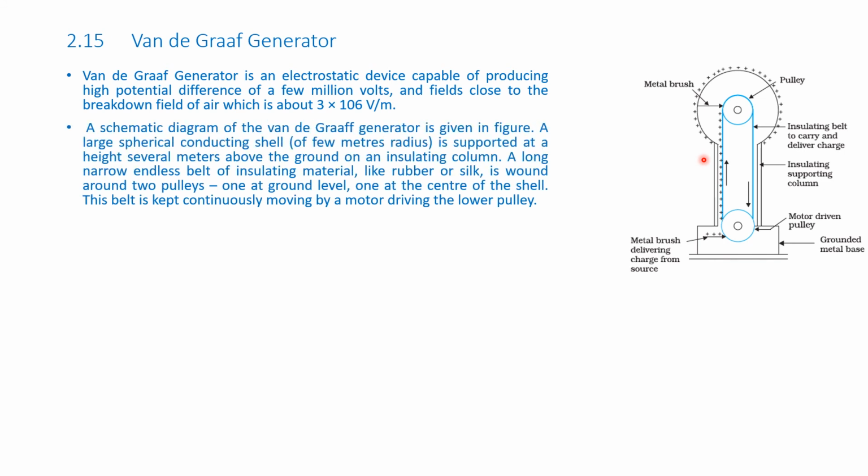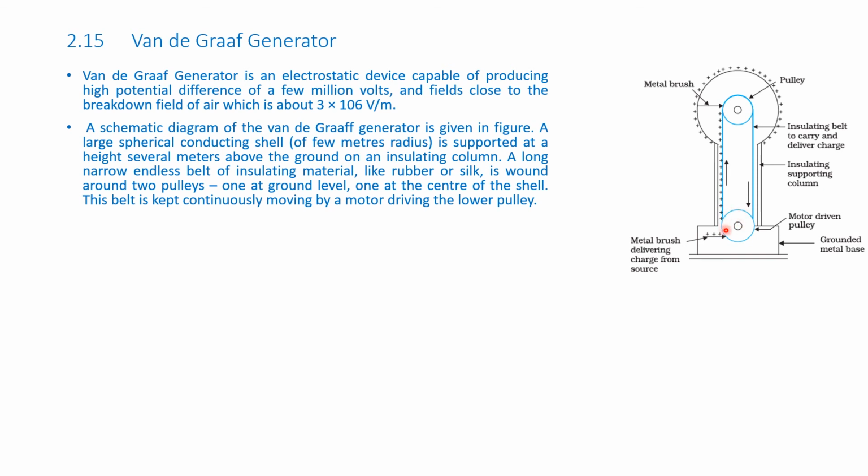The schematic diagram of the Van de Graaff generator is given in the figure. This is a large spherical conducting shell of a few meters radius, supported several meters above the ground on an insulating column. This is the long narrow endless belt, of insulating material, a rubber belt or a silk belt, wound around two pulleys.